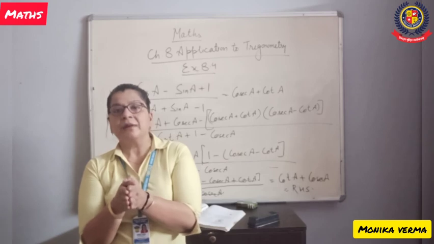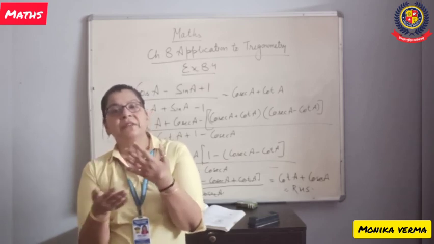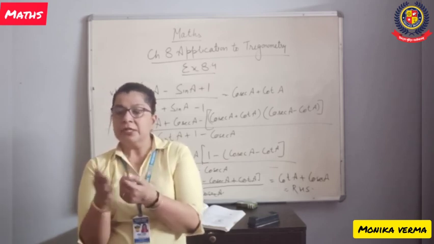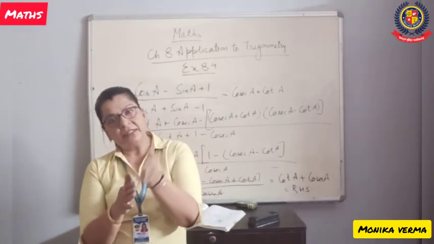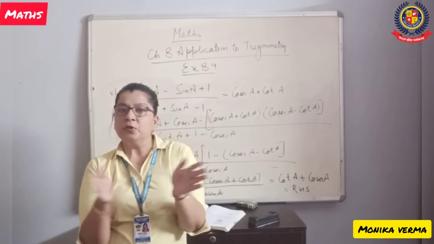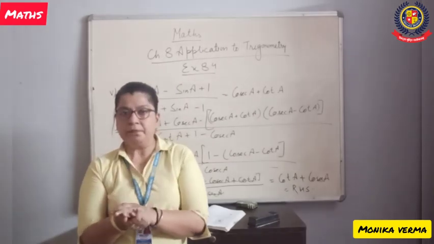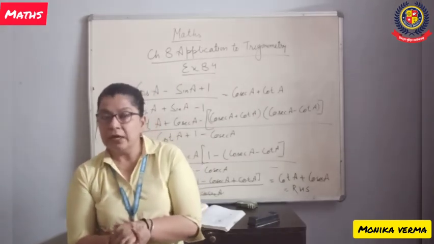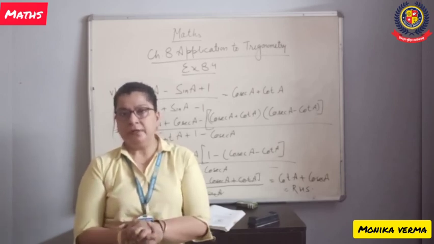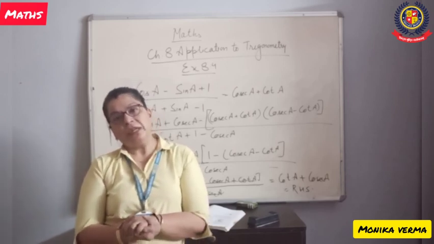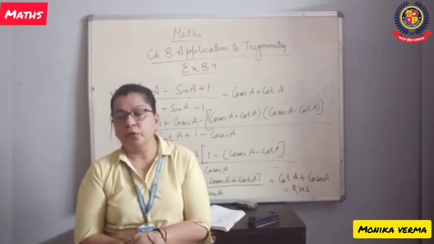Do more and more practice and try to simplify what is given. You can start with LHS up to the place where you can solve, start with RHS, reach one place, and then equate them. Don't think that these are difficult. You can do anything if you want, the only thing you have to do is practice.